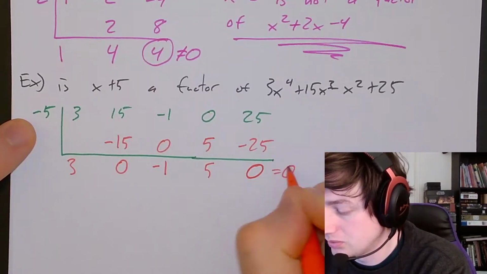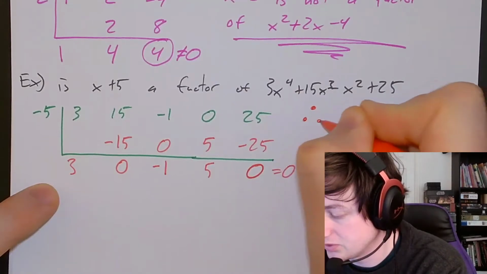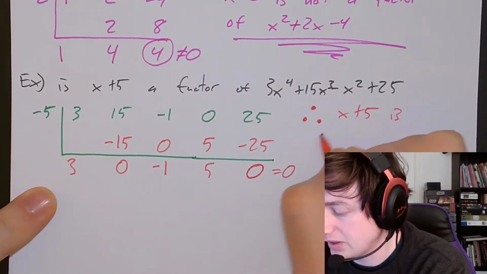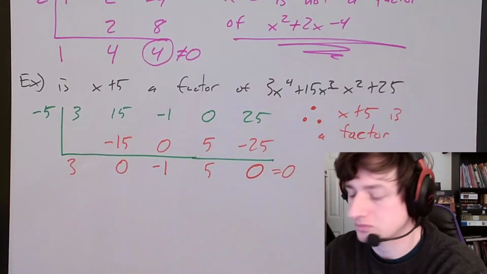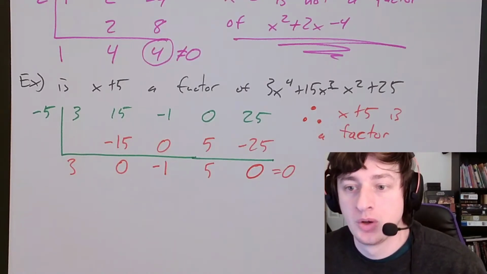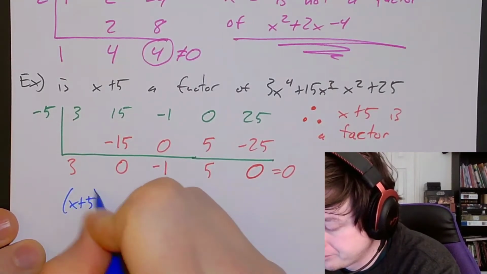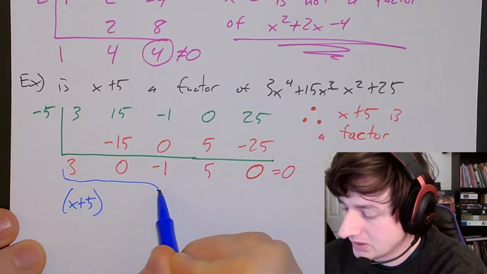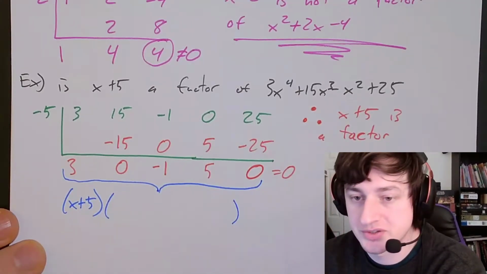This equals 0, which means therefore, three little dots means therefore, x plus 5 is a factor. Which means we can factor out x plus 5, and then all of these coefficients, all of this stuff here, is going to tell us what the rest of the polynomial would be.